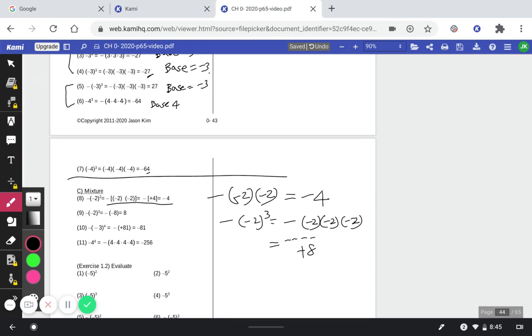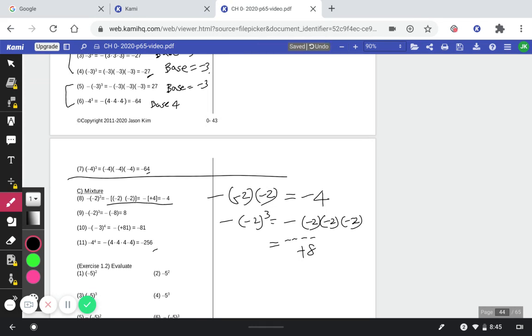Now, how about number 11? When you have negative 4 to the fourth power, it is negative 4 times 4 times 4 times 4, which is negative 256.